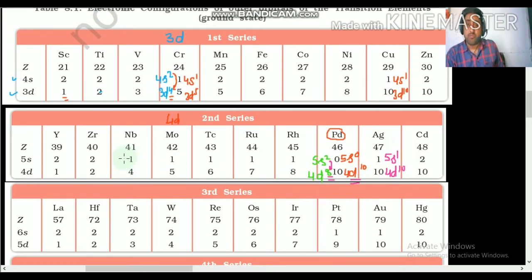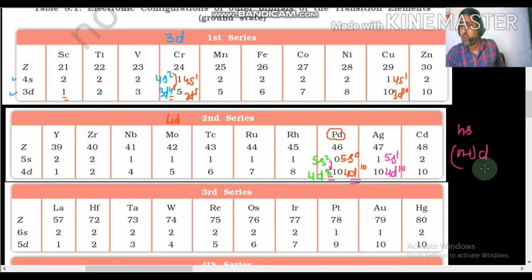Now see here, from here to there, this is 5s1, 5s1, 5s1, 5s1, 5s1. From niobium to rhodium, in all these, one electron from the s subshell gets transferred. Although we can say they are exceptional cases, this transfer takes place for two reasons. One is that the energy gap between ns and (n minus 1)d subshell is not large, it is very small.